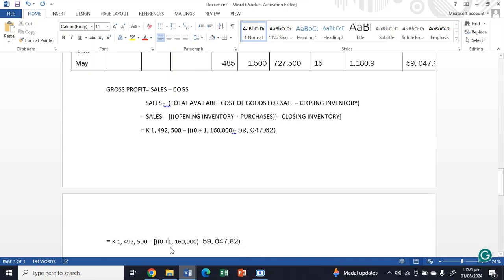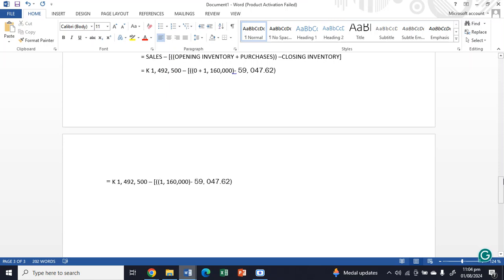Right, so 0 plus 1,160,000, that's 1,160,000. 1,160,000 minus 59,047.62. So this 1,160,000 represents the total cost of goods available for sale. All the goods that you bought, you get their total cost. Then you deduct the cost of the closing inventory.